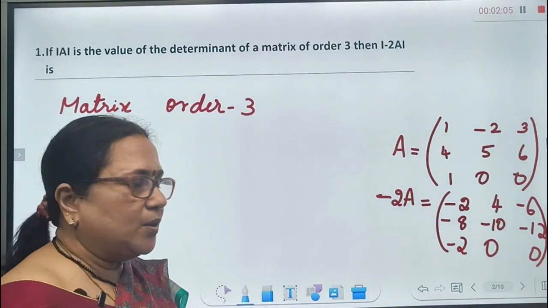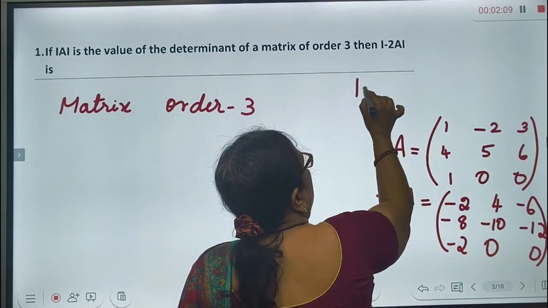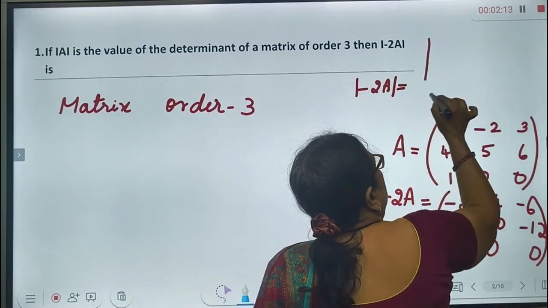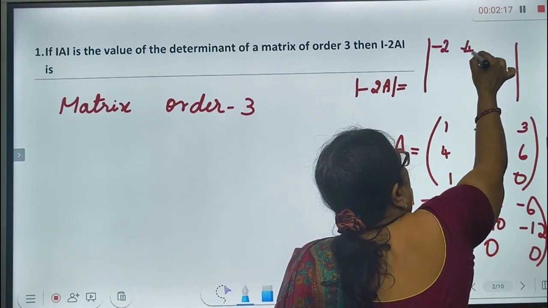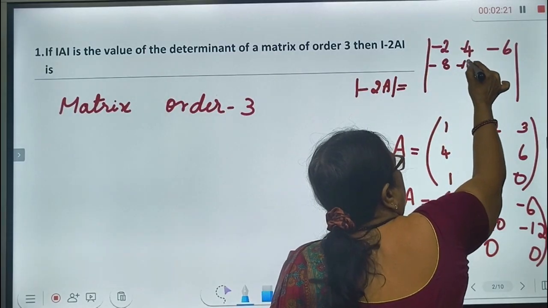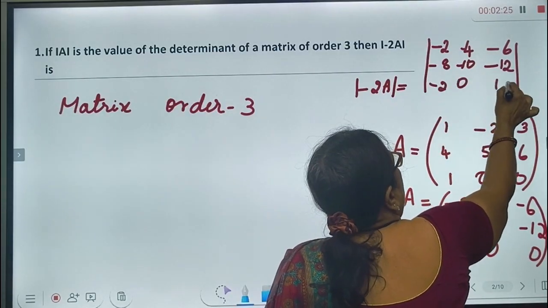If I take the determinant, then the determinant of minus 2A would be the determinant of this matrix.